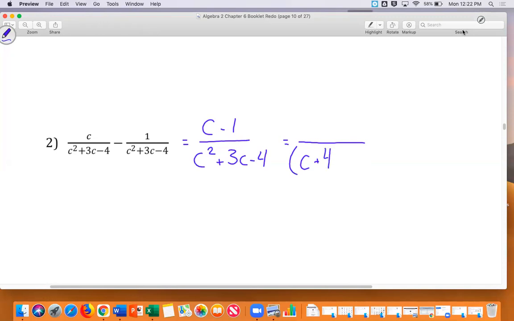So would it be C plus 4 times C minus 1? Does that work? Yeah. Okay. 4 times -1 is -4. 4 plus -1 is 3. But now, on top of that C minus 1, right, Jake? What's the same on top and bottom? C minus 1.